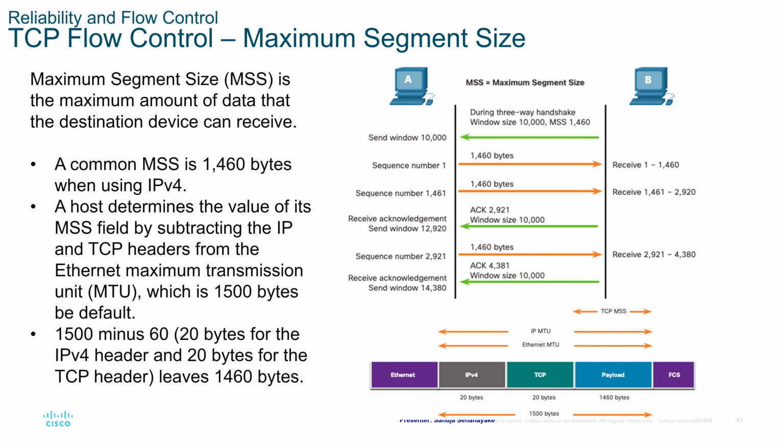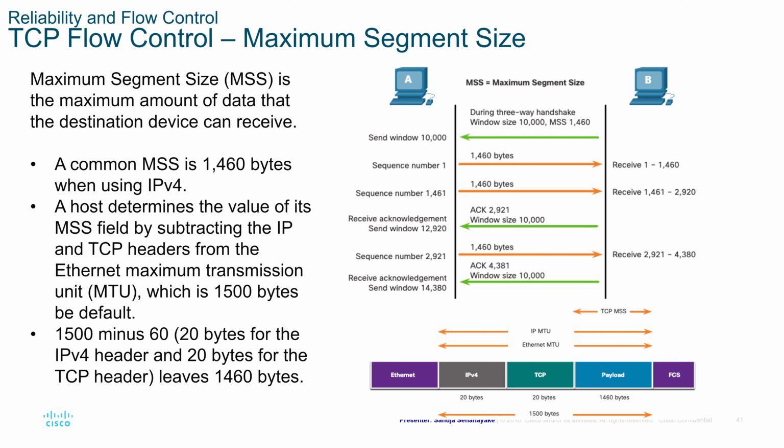So it takes that MTU of 1500 minus 60, which is 20 bytes for the IPv4 header and 20 bytes for the TCP header, so that means 40 bytes, plus other overhead, gives us 60. So we have 1500 for the MTU minus 60. That's going to leave us with 1460 bytes.